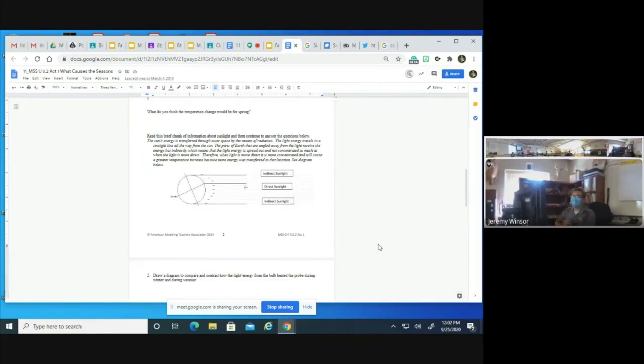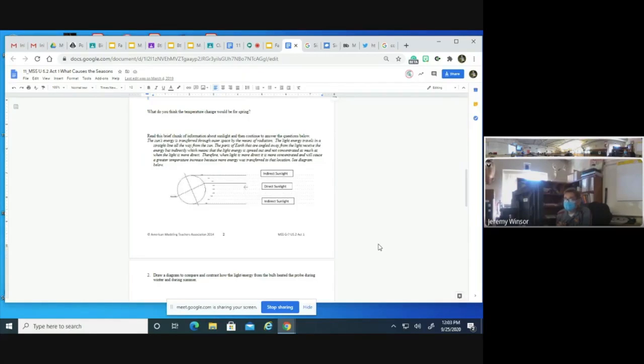So I'm going to read this chunk of information that is inside of our lab. We're going to read it and then answer the questions below. The sun's energy is transferred through outer space by means of radiation. The light energy travels in a straight line all the way from the sun.